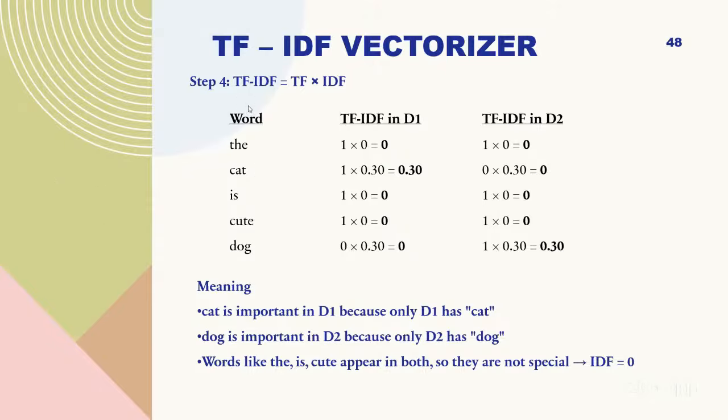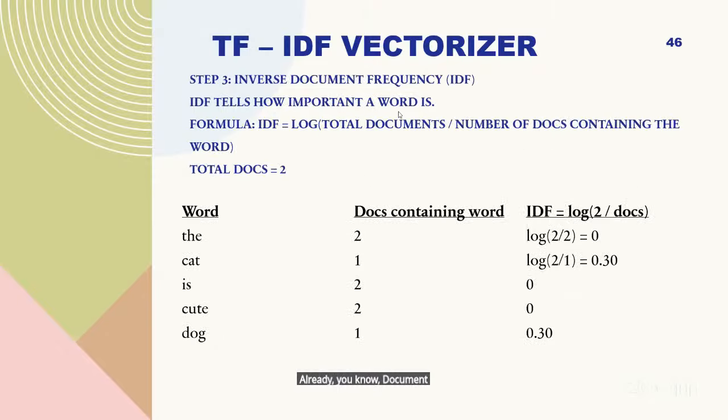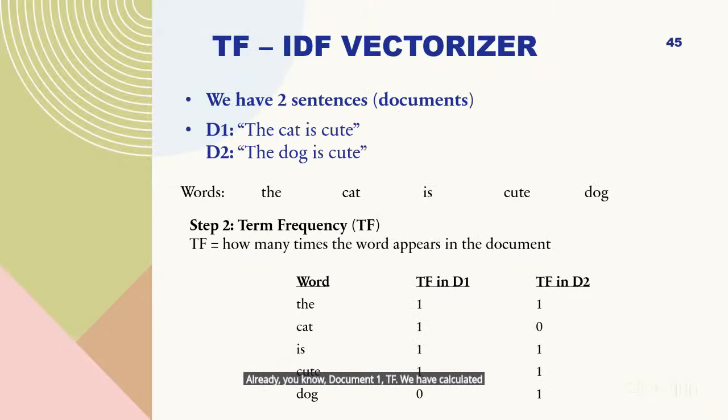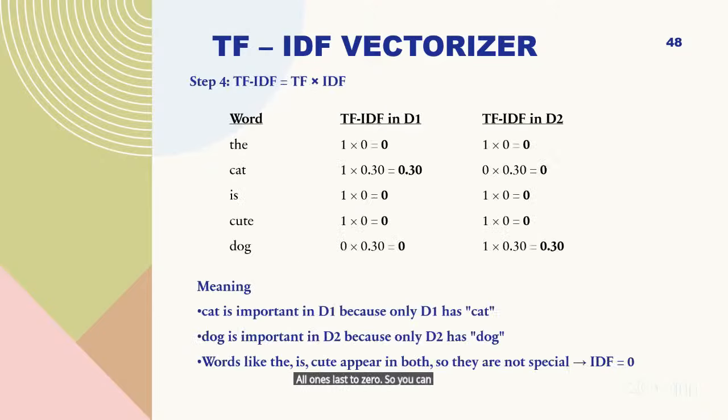Then comes the final step. We have found out TF separately. We have found out IDF separately. Now we are going to combine TF and IDF. Document 1 TF we have calculated here: all ones, last 0.